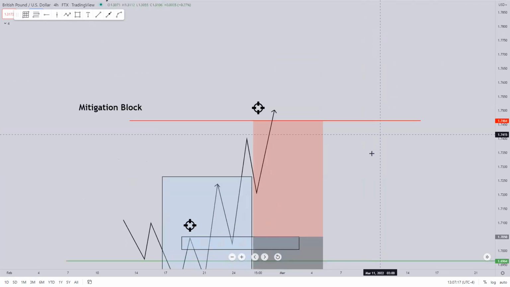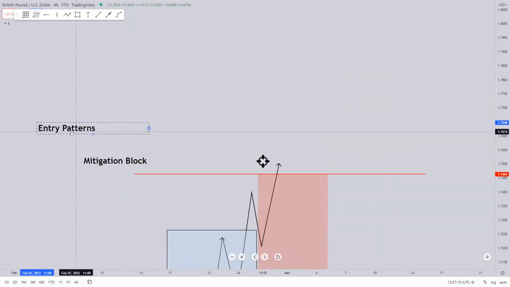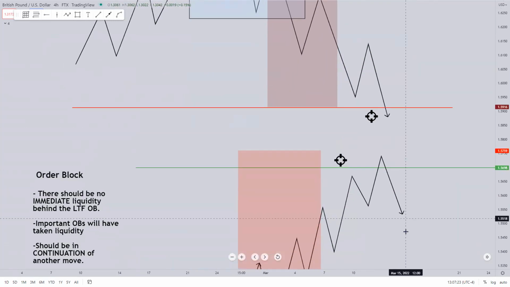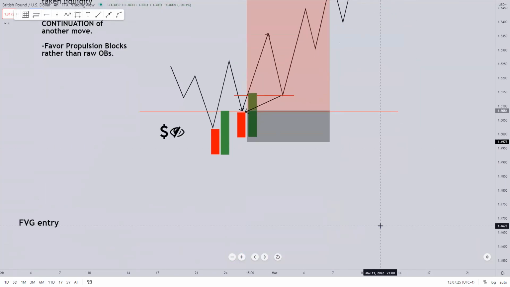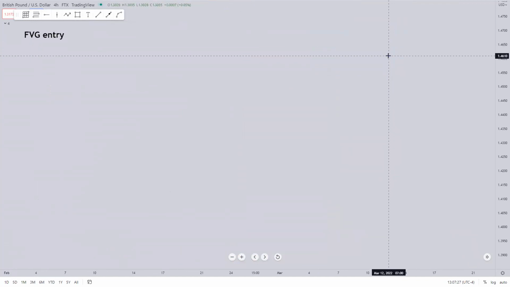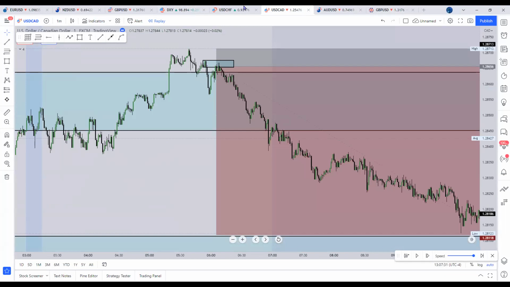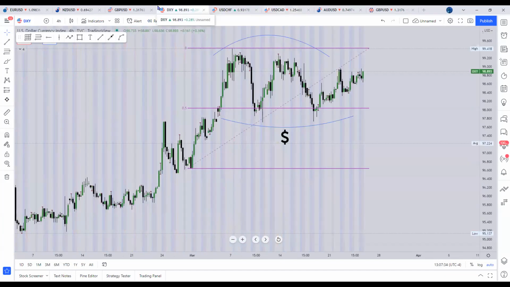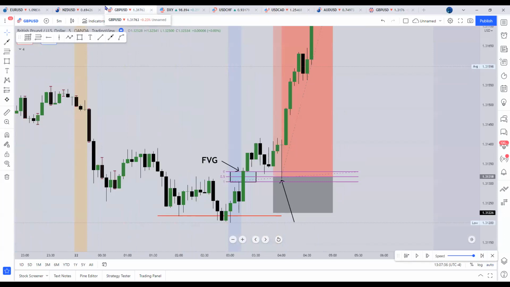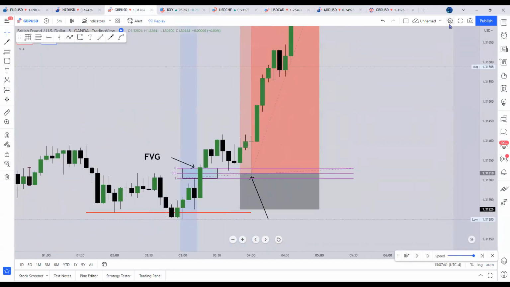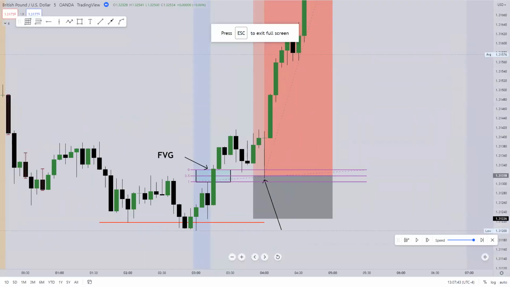All right, so these are entry patterns: mitigation block, breaker block, order block, and the fair value gap entry is right here. There we go. So take your screenshot of the fair value gap entry and drop a 1 in the chat when you've got it.